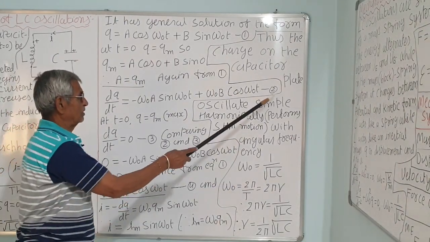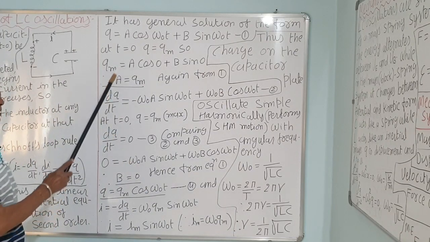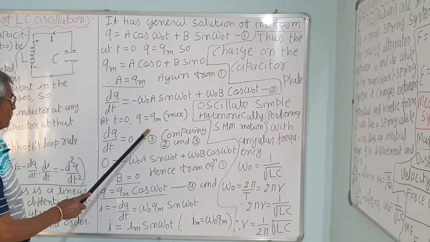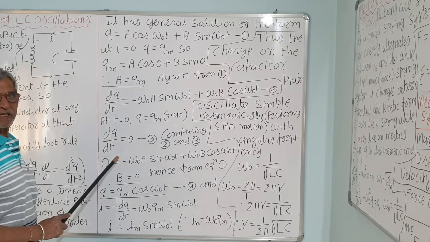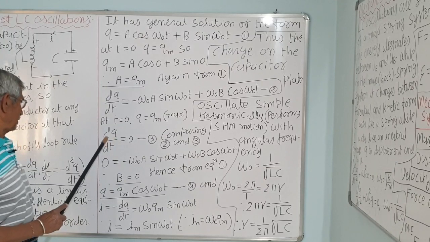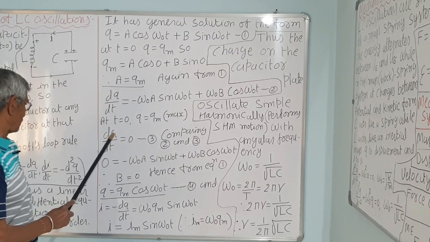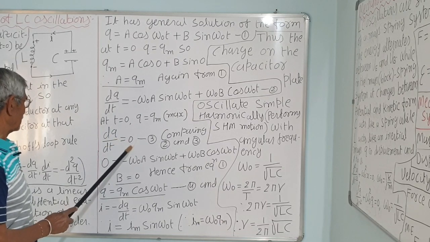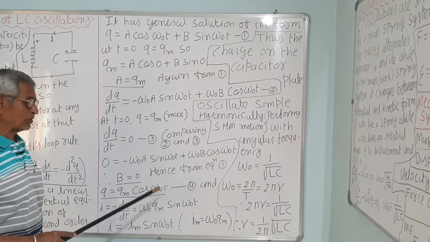This is equation number 2. So at t equal to 0 as before, q is equal to Qm. So dq by dt is 0, because the derivative of the maximum, that is a constant, is 0, as you know already.